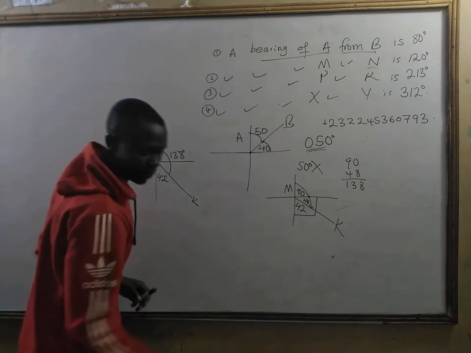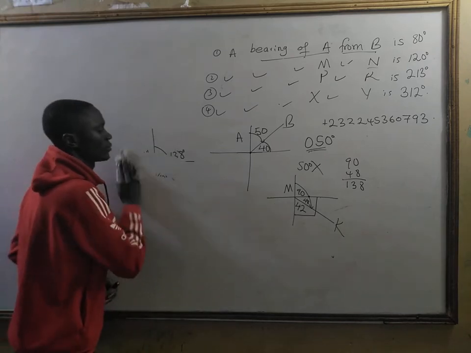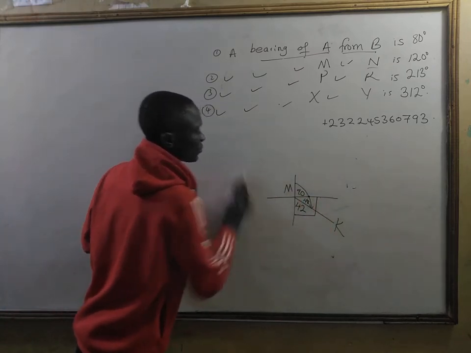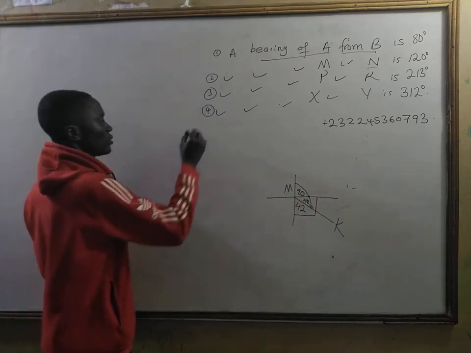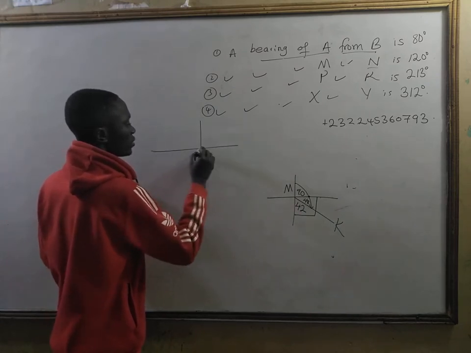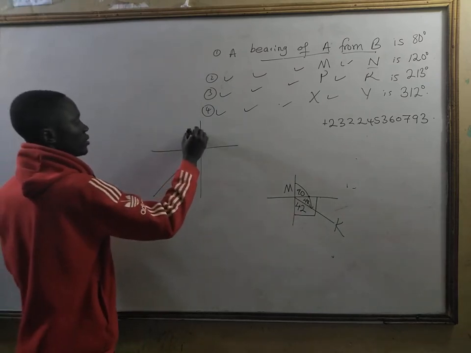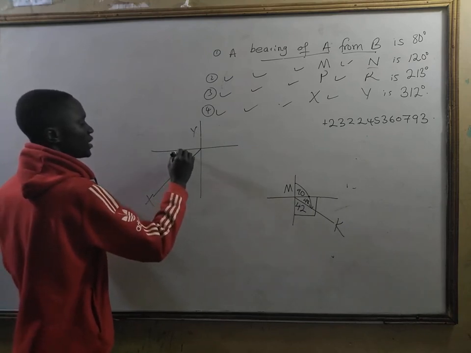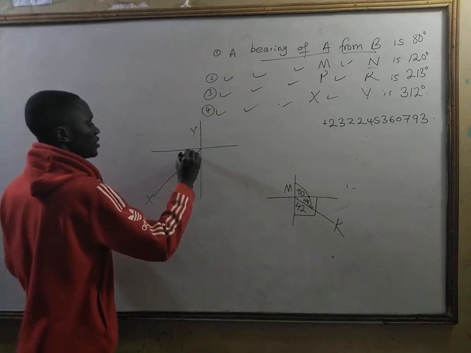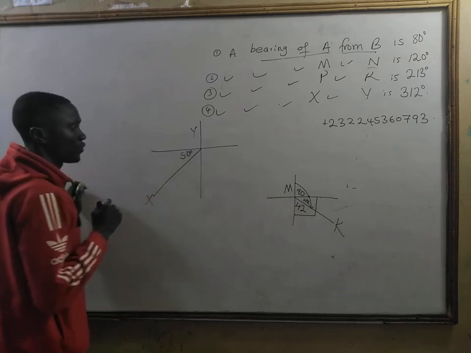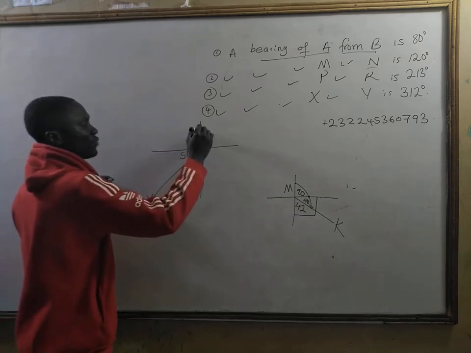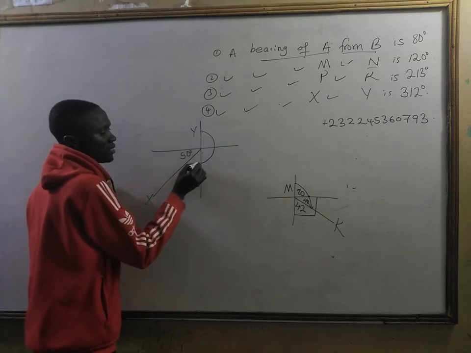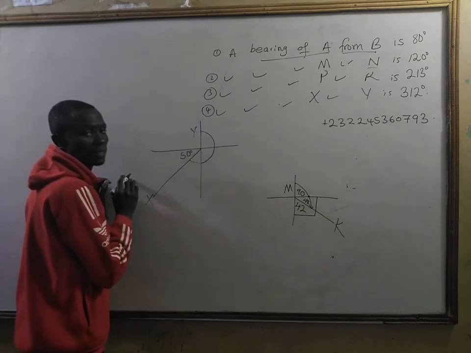Now let's come to this quadrant. So if I do this one, the bearing of X from Y, now I have here to be 50 degrees. So for the bearing of X from Y, we have to measure from the geographic north, 180. What is this angle?